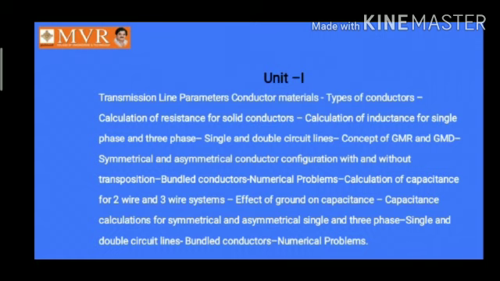This is the syllabus of unit 1, which touches the types of conductors, calculation of solid conductors, calculation of inductance for 3 phase, single phase, and single line, double circuit line, concept of GMR and GMD, symmetrical, asymmetrical conductors, with and without transposition, bundle conductors, and calculation of capacitance with the effect of ground and without the effect of ground.